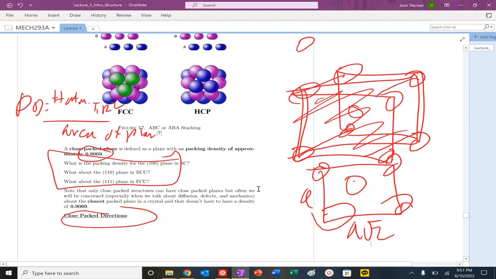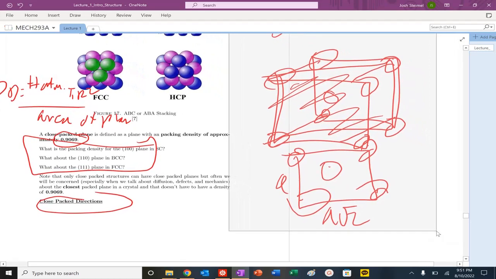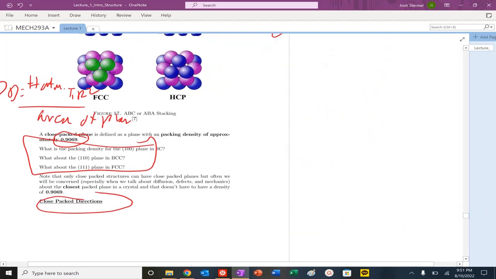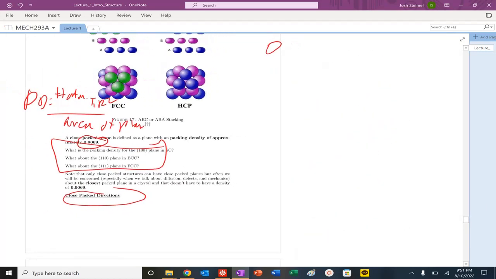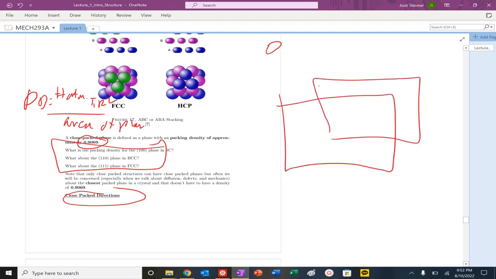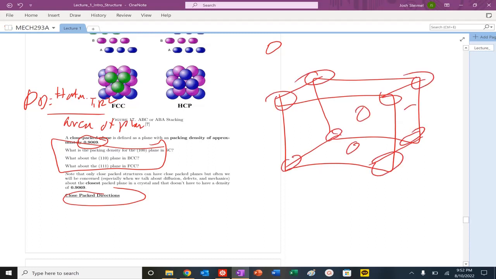So that one's not going to work either. Again, that is the closest packed plane in BCC, but it is not a close packed plane. FCC was a close packed structure, so we should in principle be able to find a close packed plane, but let's see if 111 is indeed that plane. Spoiler alert, it is. We have to get one close packed plane.